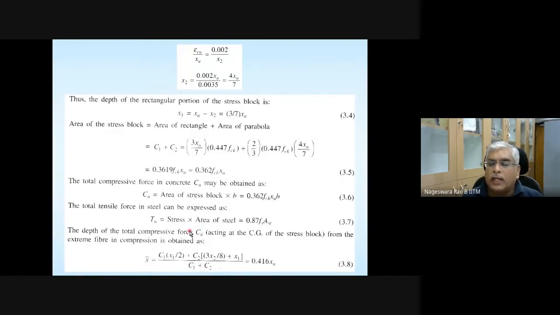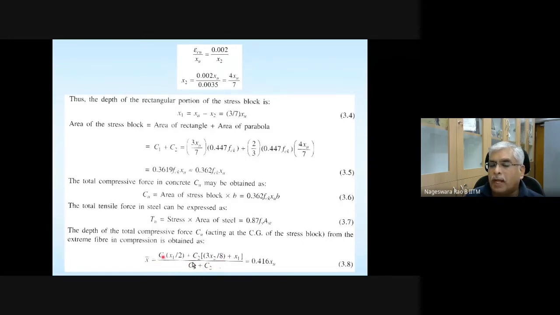Here, the depth of the total compressive force acting at the CG of the stress block from the extreme fiber in compression is given by this: compressive force contribution from the rectangular region multiplied by the CG of the rectangular portion, plus compressive force contribution from the semi-parabolic portion multiplied by the location of its CG from the top fiber, divided by the total compressive force.